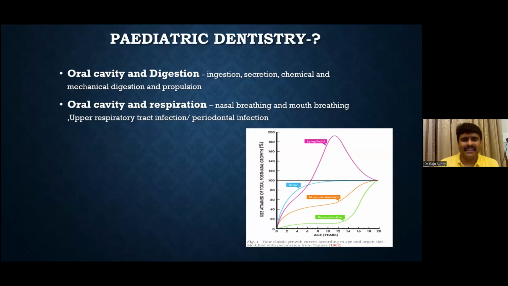When there is a chronic upper respiratory tract infection, the child automatically starts going for oral breathing instead of nasal breathing. So they start developing mouth breathing. Too many caries can cause upper respiratory tract infections, which again can cause the child to develop a mouth breathing habit.